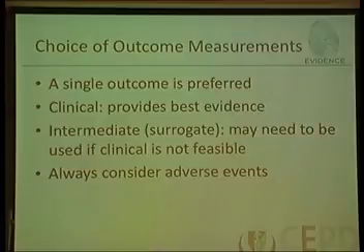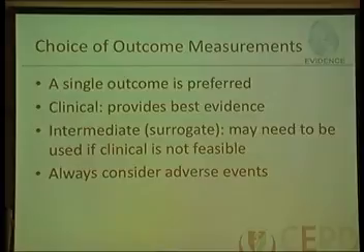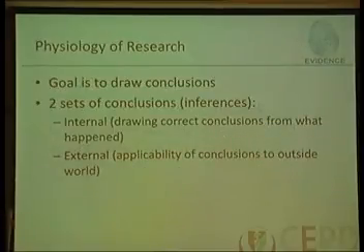Okay, the physiology is going to be very quick. Basically it's about drawing conclusions. There are two types of conclusions, and this is what we're going to cover over the next 3 days. The two types are what we refer to as inferences.